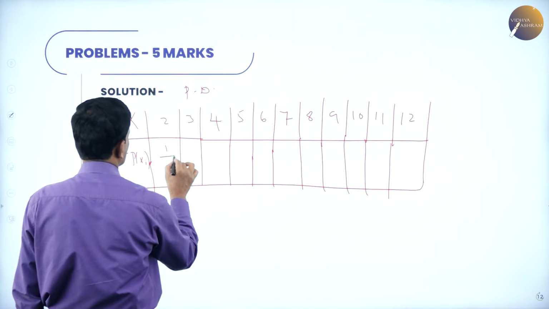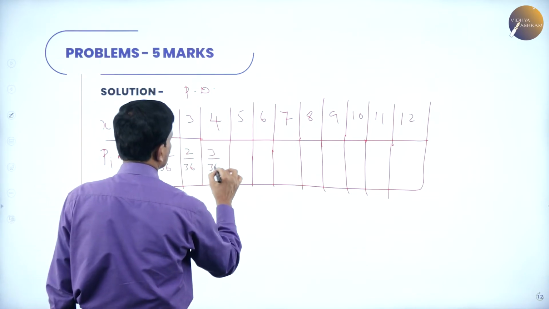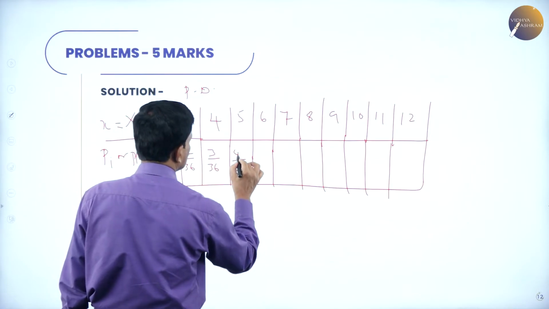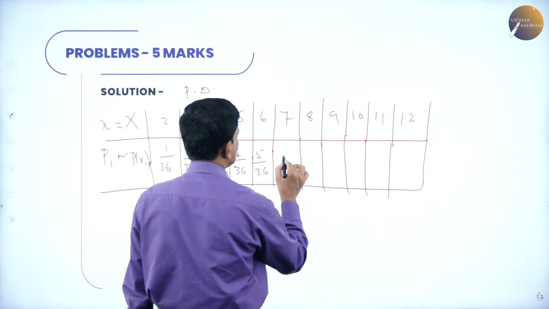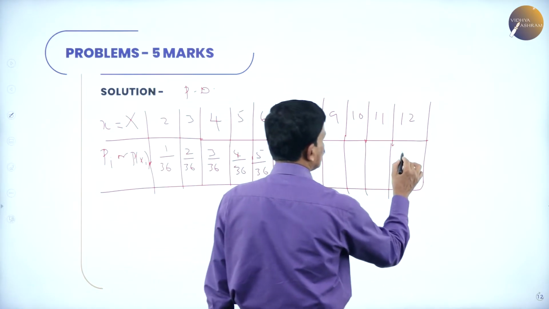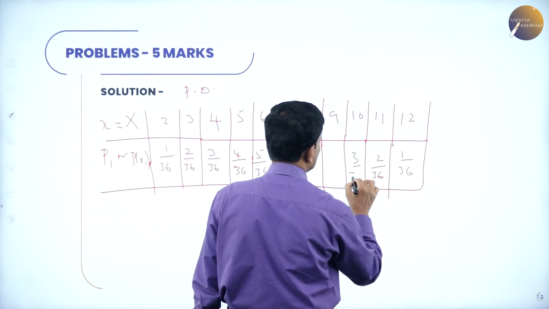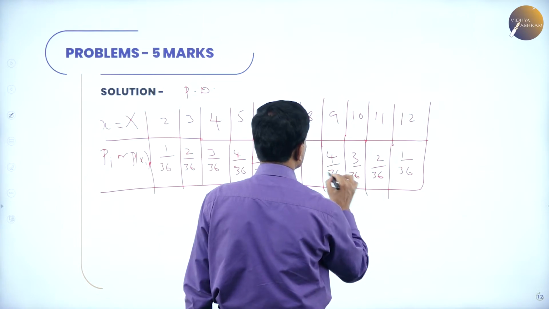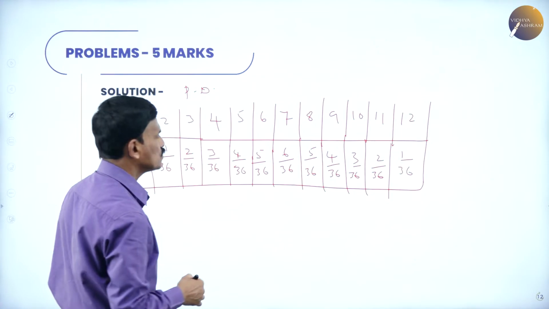So this is 1 by 36, 2 by 36, 3 by 36, 4 by 36, 5 divided by 36, again 6 divided by 36, again in the reverse order, 1 by 36, 2 by 36, 3 by 36, 4 by 36 and 5 by 36. So these are the values.